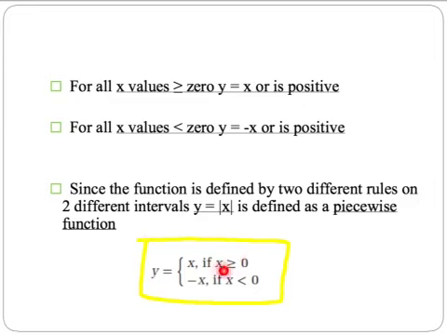Wherever x is positive or greater than 0, it's like graphing this. Okay, but wherever x is negative, we have to actually graph that, because this allows the answer, the y, to always be positive, and that's what we need.